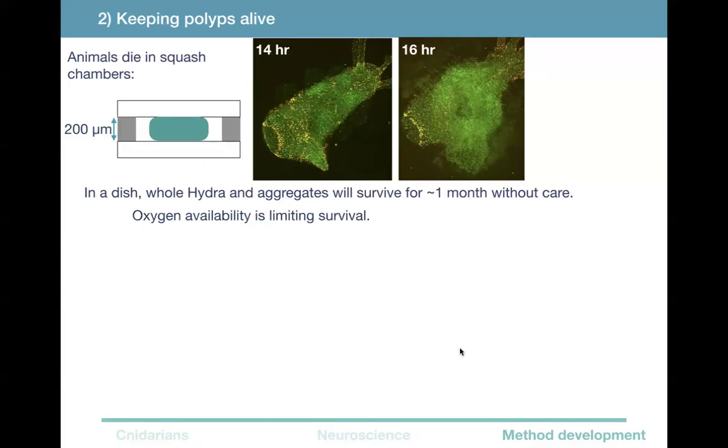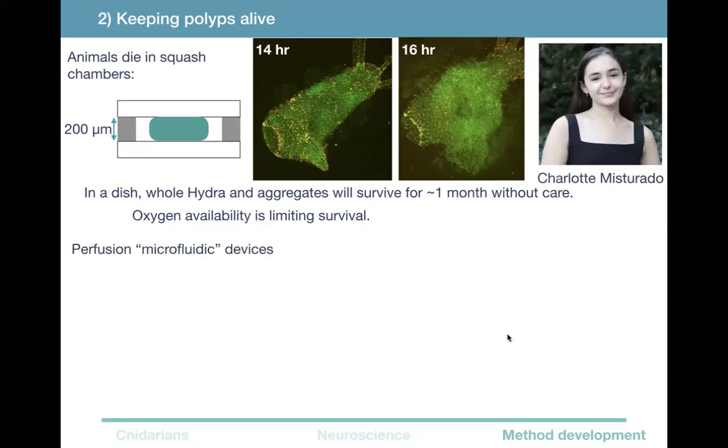And so our guess was that it was really oxygen that was limiting survival. So I worked with a really great, at the time, undergrad, Charlotte Mastrato, who's now at BU, making these perfusion microfluidic devices. I say microfluidic in quotes because they're really quite big, right? You're trying to trap an aggregate about a millimeter large.